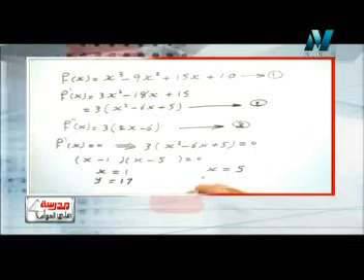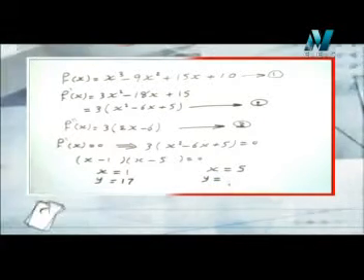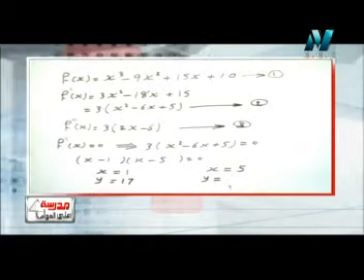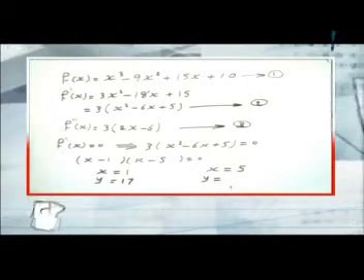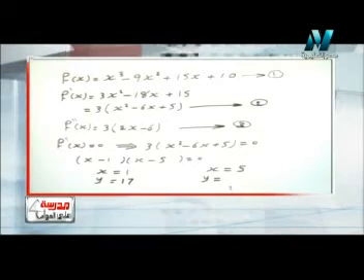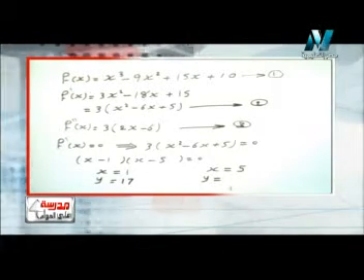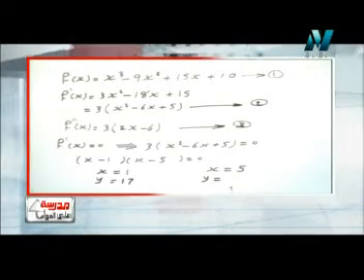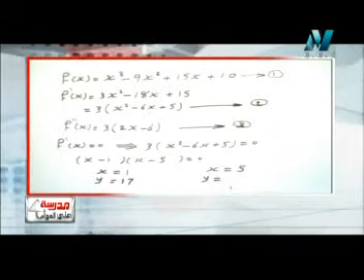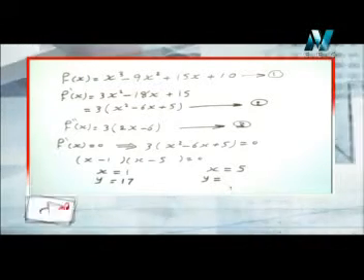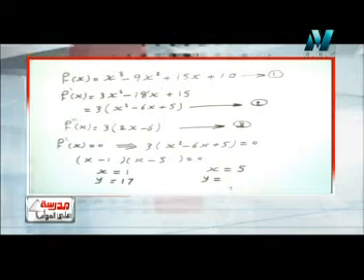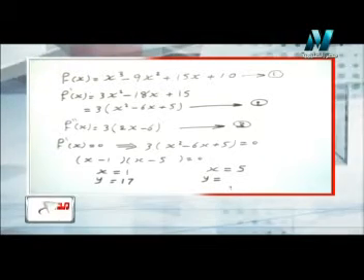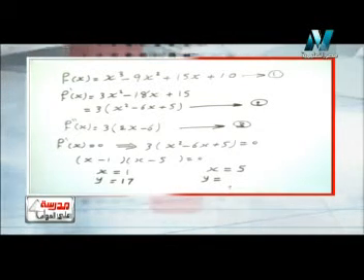First point. x equals 5, y equals 5 power 3 minus 9 times 5 power 2 plus 15 times 5 plus 10, it comes out negative 15.